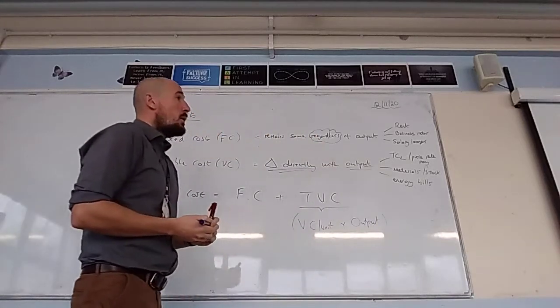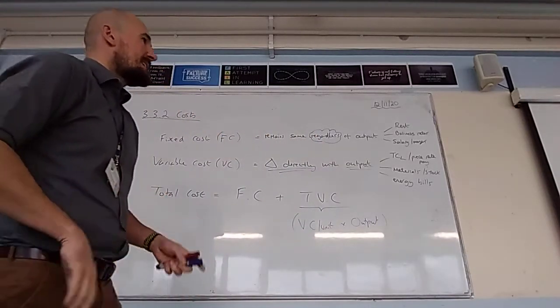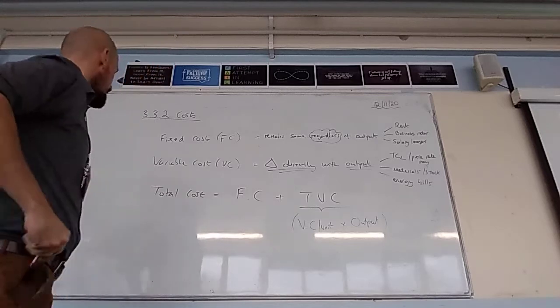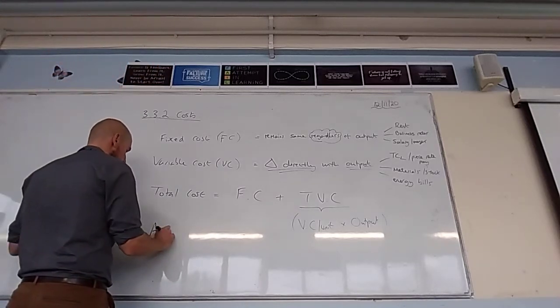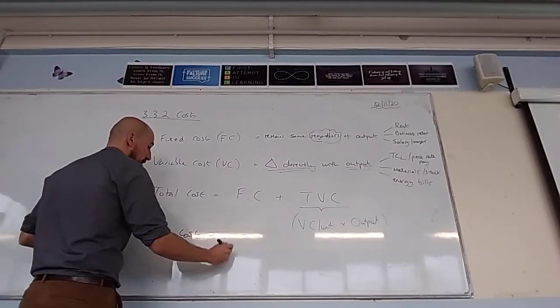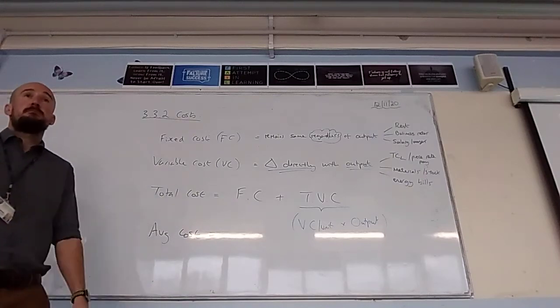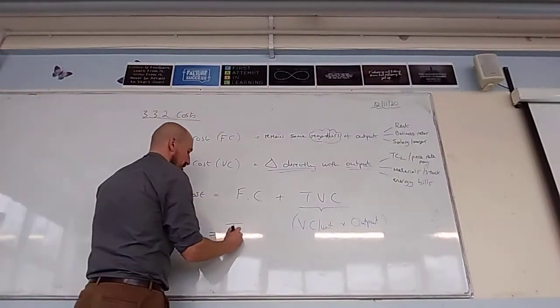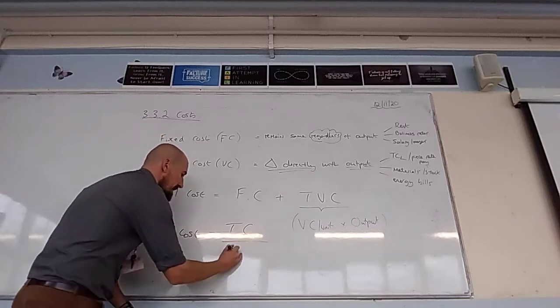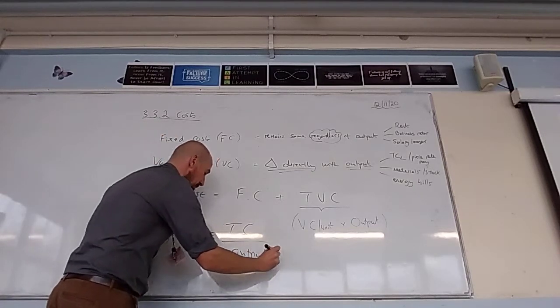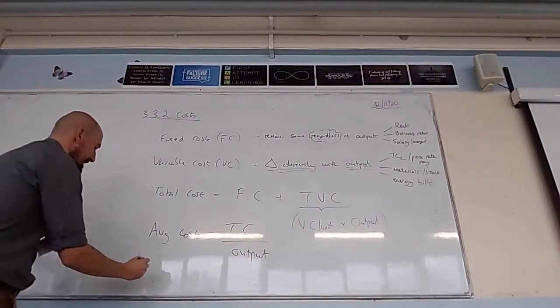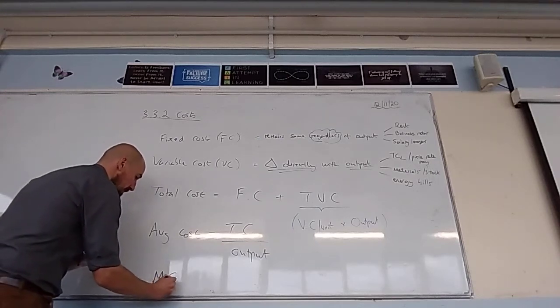Perfect. When we are then looking at the idea of average costs, how do we calculate average cost? You just get your total cost and divide it by the amount of output. And remember what we said yesterday when we looked at marginal cost.